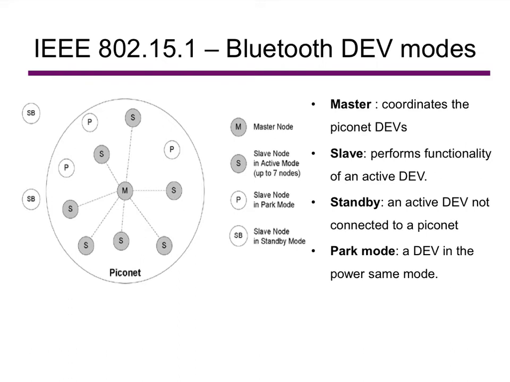When it pairs with one of them, it's part of the piconet. Now it needs to have communication in order to be in active mode. Once you pair, you are in park mode and you are not doing any communication. Once you start connecting some services, then you are in active mode. And you can have up to 7 slaves in active mode. Okay?